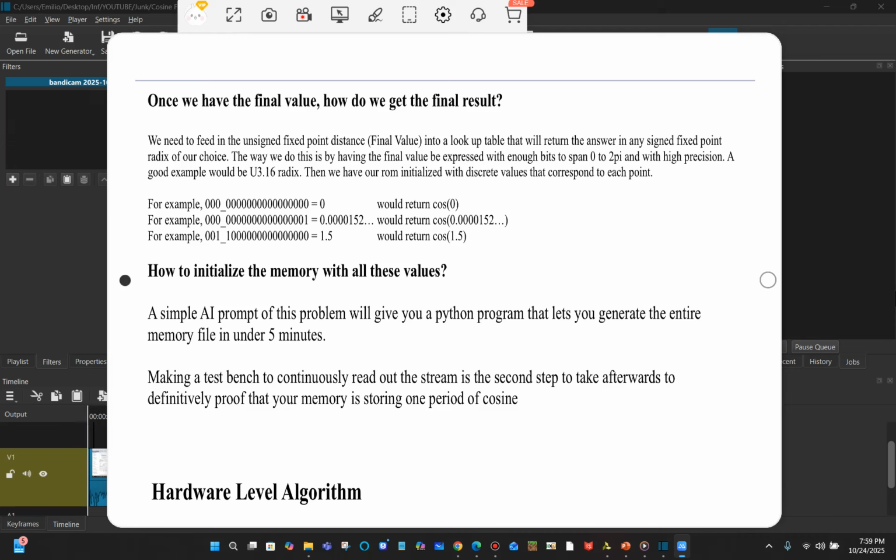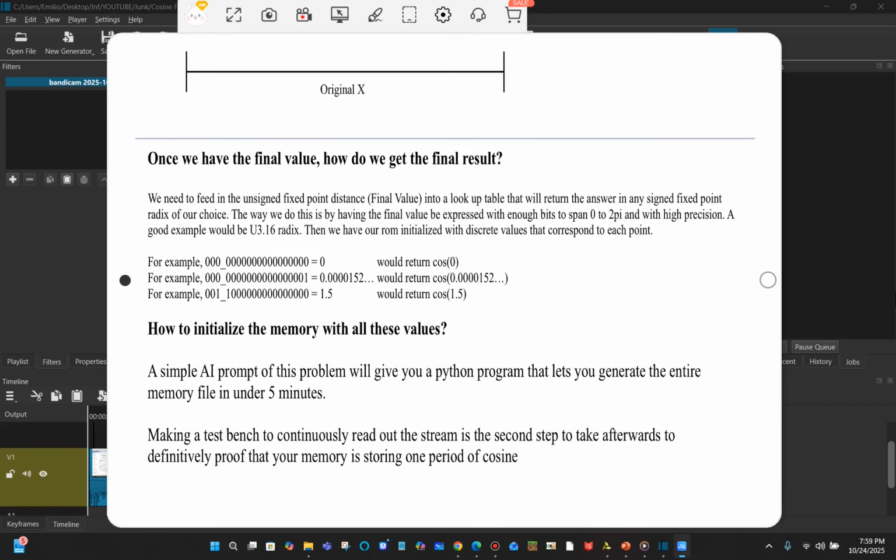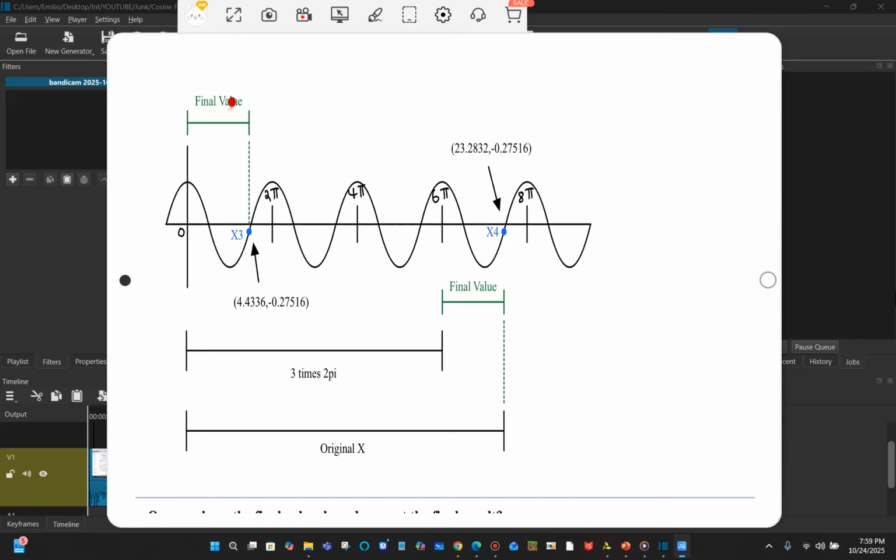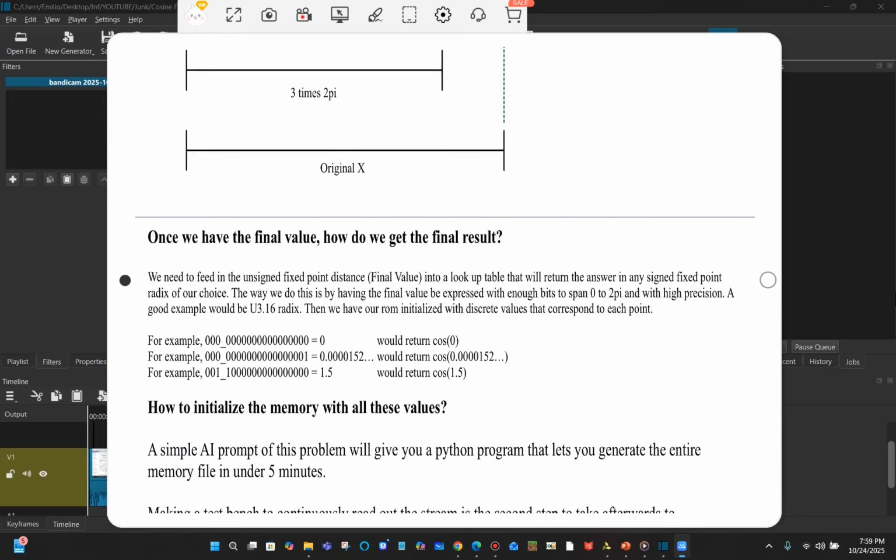So for example, let's say we have our memory unit, and our memory unit is expecting a 19-bit address. Well, if our memory unit expects a 19-bit address, then we need to make sure that our final value here is expressed in 19 bits. So we need to have it be such that it's 19 bits and expresses the value of x3.